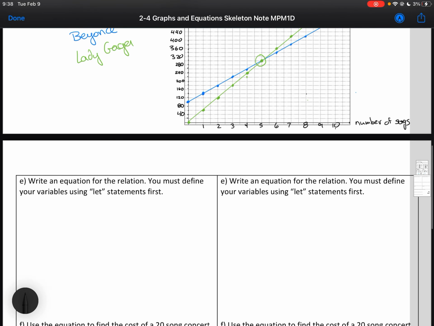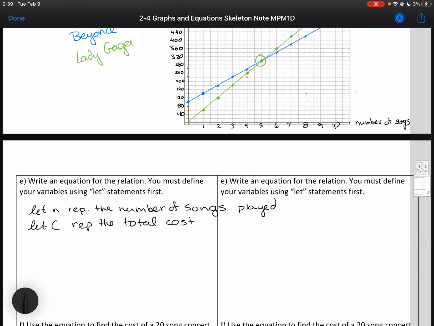And before we analyze the graph, we're going to write an equation for the relation. So let's define our variables. We have used them already before. I'm going to say let n represent the number of songs played. And I'm going to write across because I'm going to do it for both. And then I'm going to let C represent the total cost of the concert.